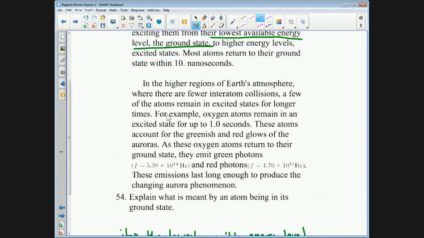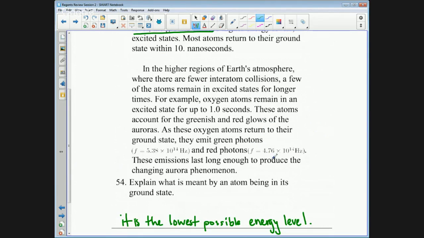Most return to their higher energy levels. A few of these atoms account for the red glow. As these oxygen atoms return to their ground state, they emit green photons and red photons. These emissions last long enough to produce the changing aurora. Okay, so actually, I don't think we need to use that formula.